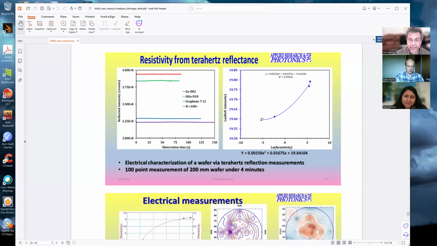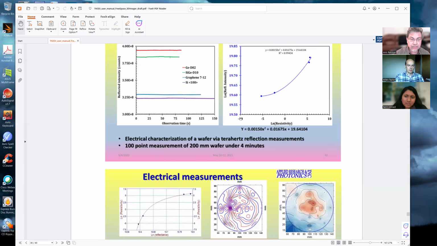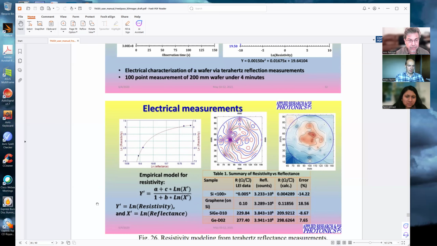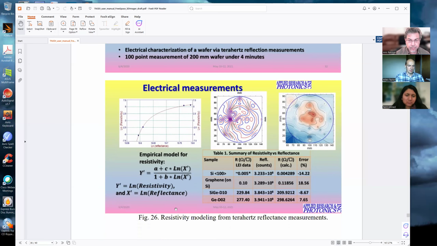If we plot that, this is what the plot looks like. So now we have a plot of resistivity versus reflected intensity. And then what we want to know is, based on the reflectance, what is the resistivity. So we turn around the plot and we can come up with a model.